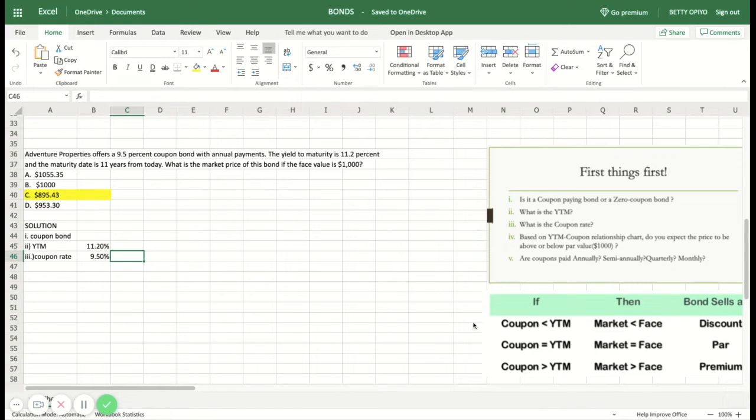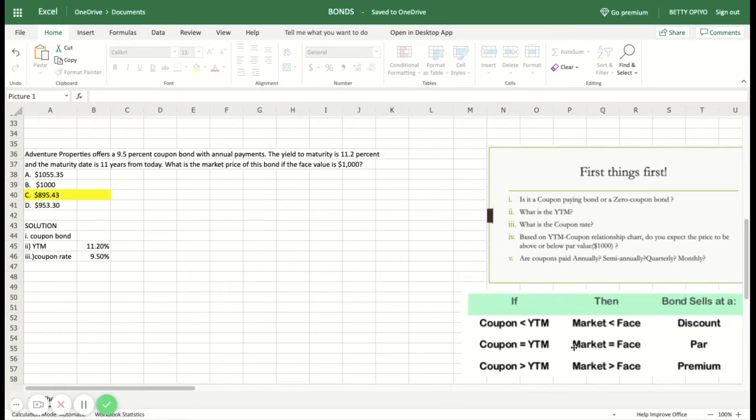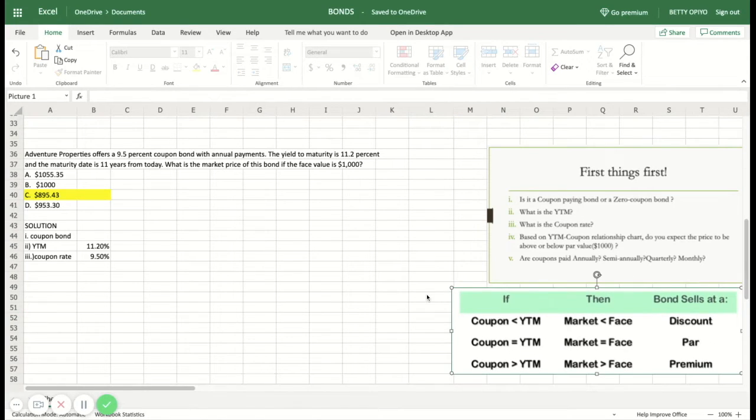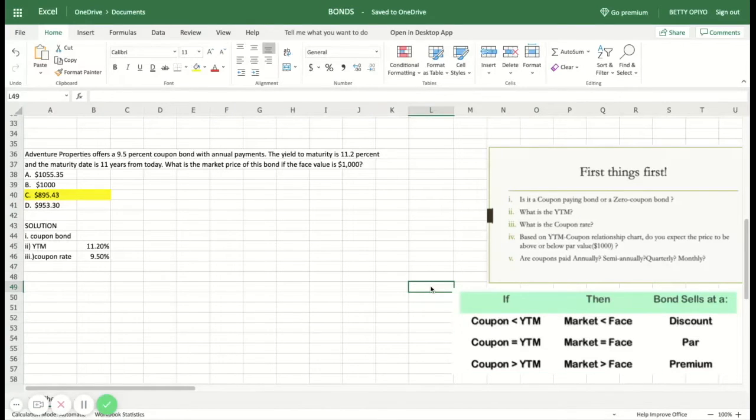Then you come back to this table and figure out whether we're expecting the bond to sell at a price higher than the par value, which is 1,000, or at a lower price. Here, the YTM is 11.20 and the coupon rate is 9.5, so the YTM is greater than the coupon rate. The coupon rate is less than the YTM.